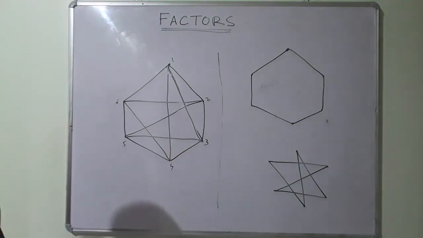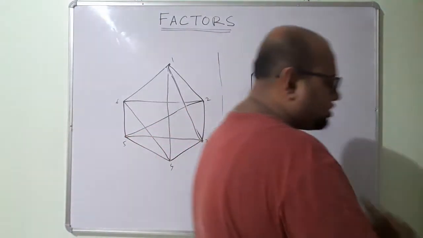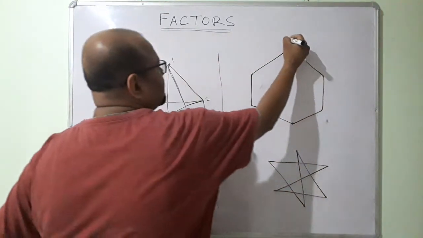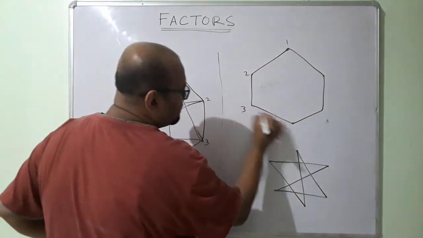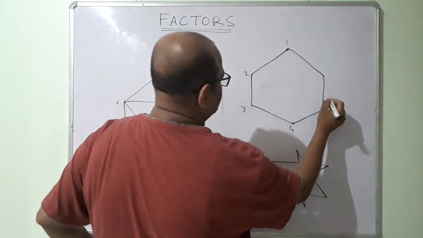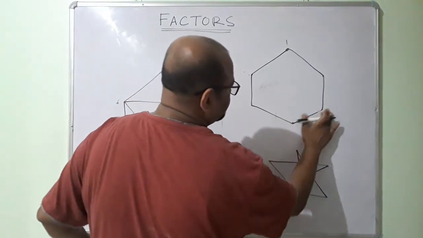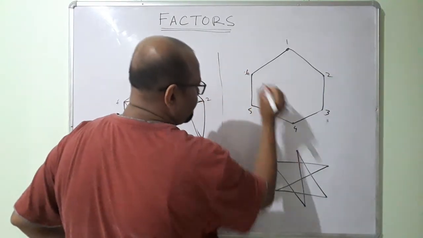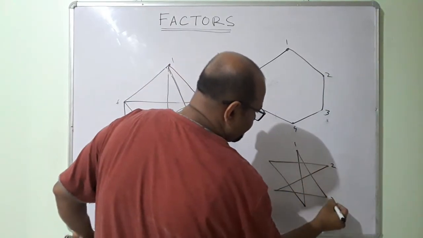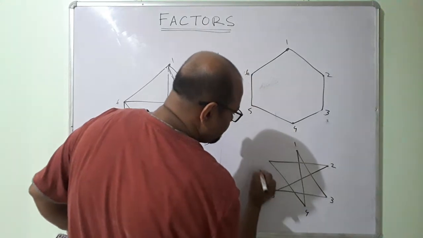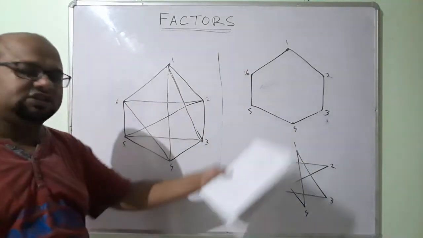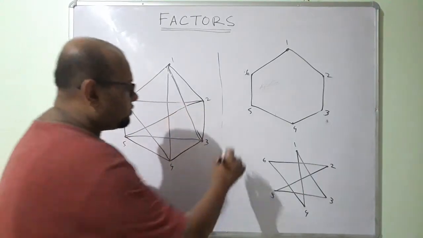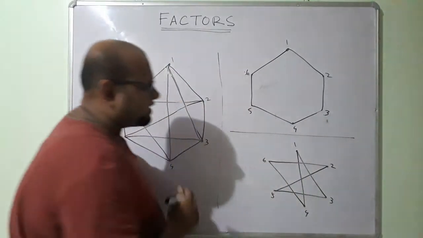So I got these two subgraphs. All the vertices of my original graph are here in both the subgraphs, right? So both of these subgraphs are spanning. Now, are these regular?